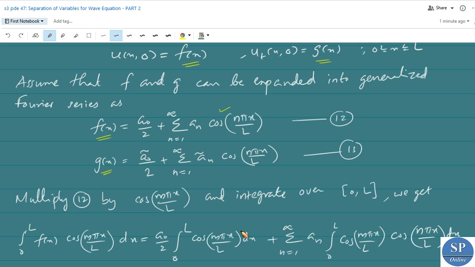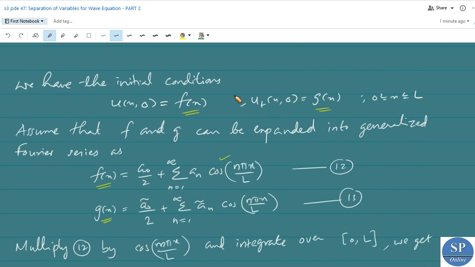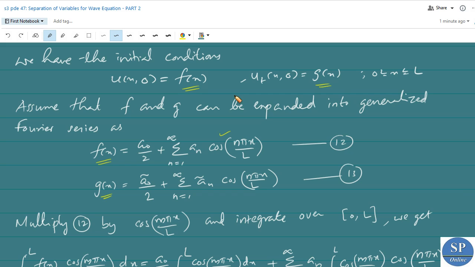Okay, now our aim is to find the Fourier coefficients a naught, b naught, a n and b n for n equal to 1, 2, 3, etc. So here first we are going to find the coefficients a naught, a n and a naught tilde, a n tilde.